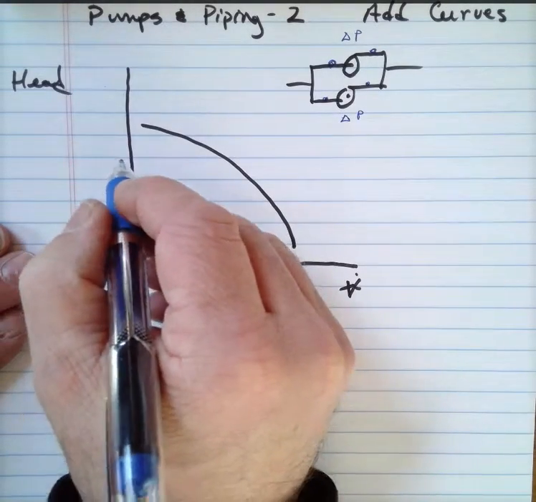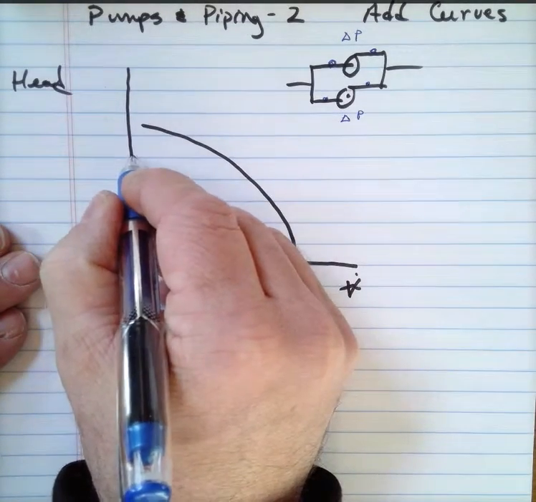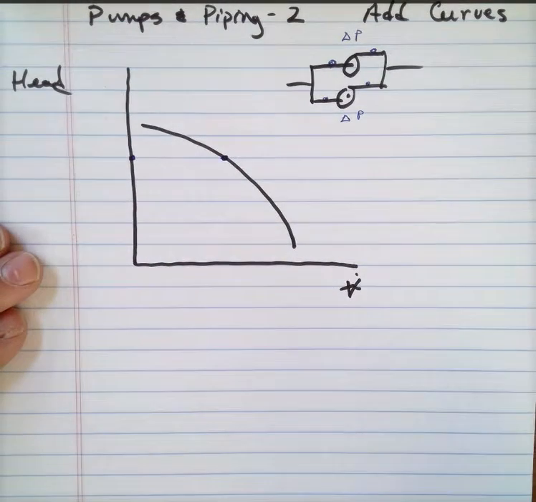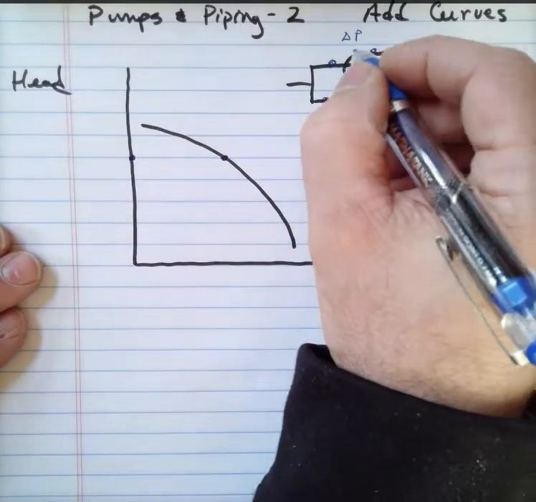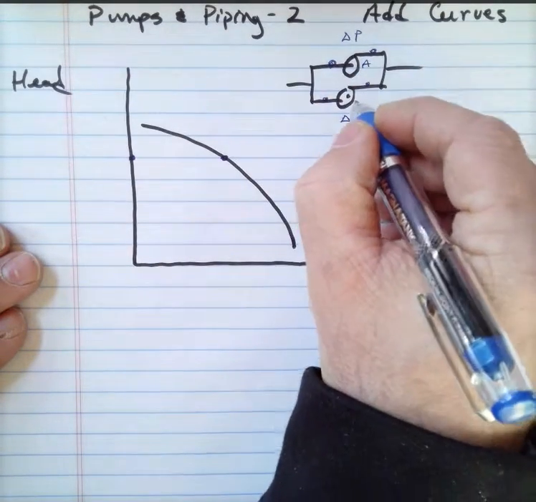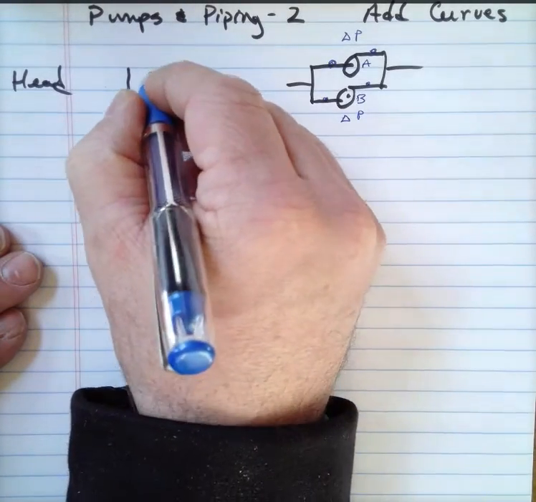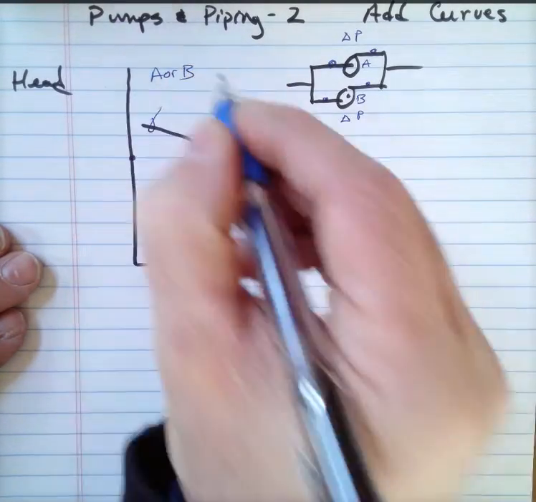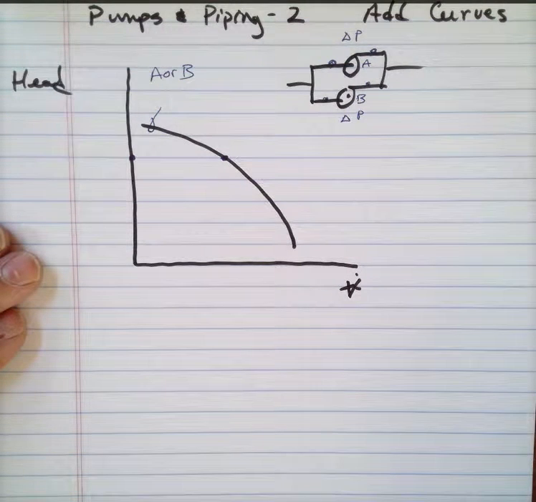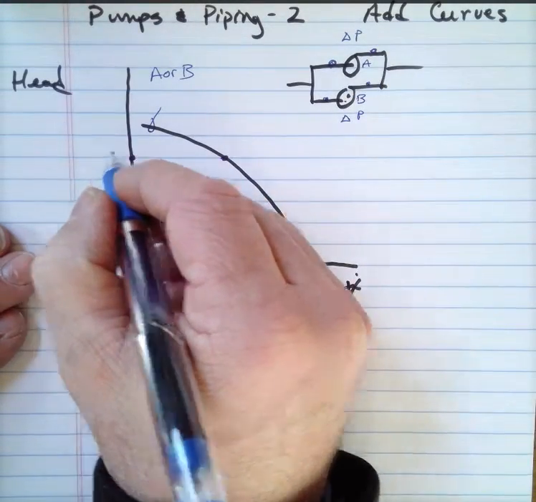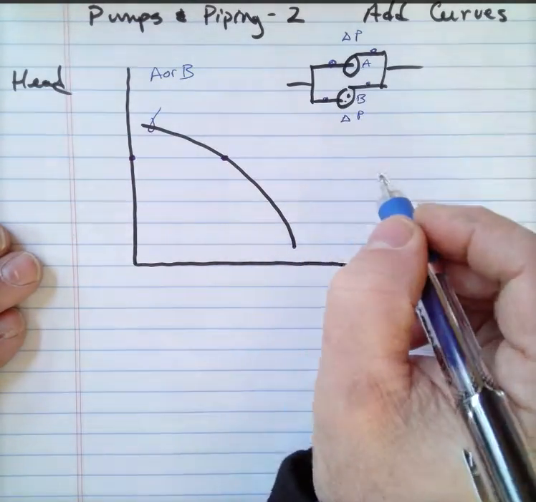So for a given pump head, for example, let's give these pumps some names. Let's call this pump A and call this pump B. If this was the pump curve for A or B, if we wanted to double the number of pumps by having 2 of them for a given difference in pressure, we would double the flow rate.